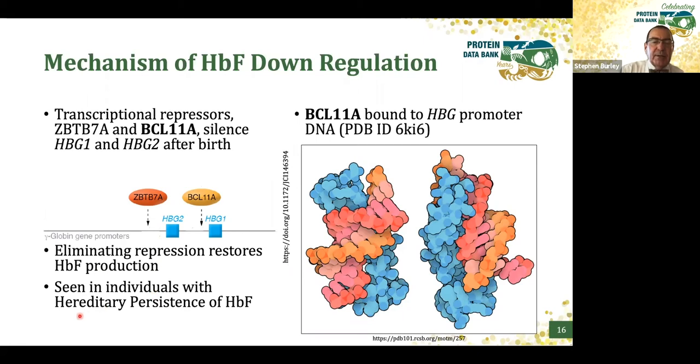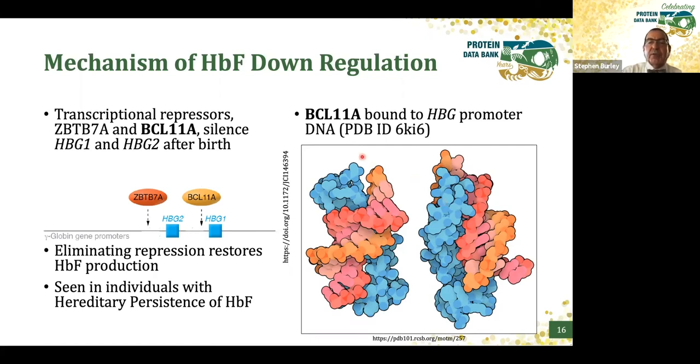And there's a genetic disease known as hereditary persistence of hemoglobin F, in which you see adults who have hemoglobin F in their circulation. The reason for that is that there's been a disruption of this interaction between BCL11A and the promoter. The PDB contains structures of BCL11A bound to double-stranded DNA. So that's here in red and orange.